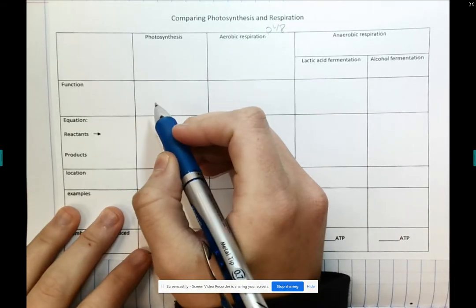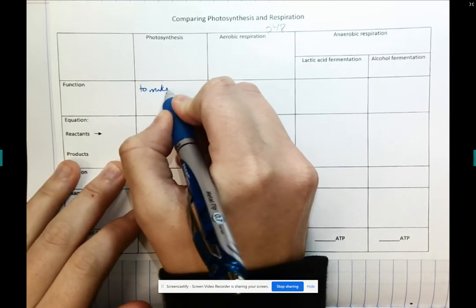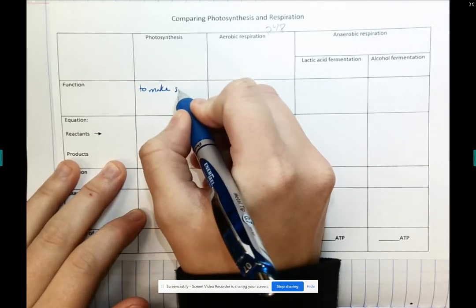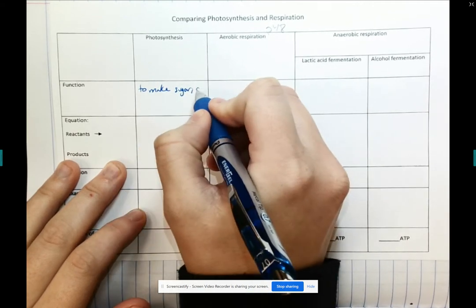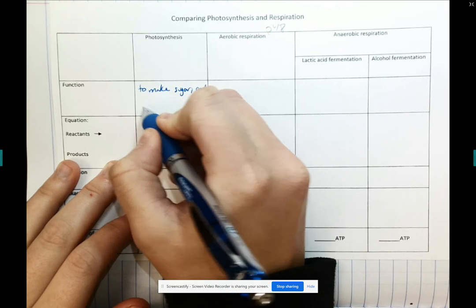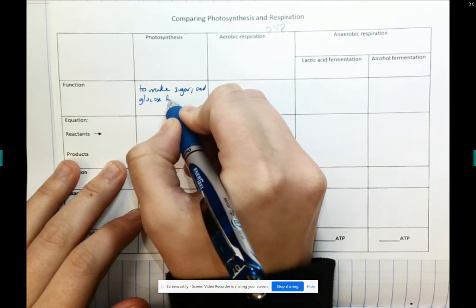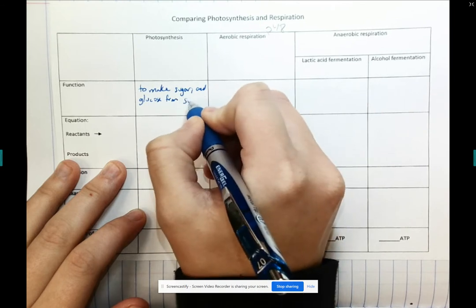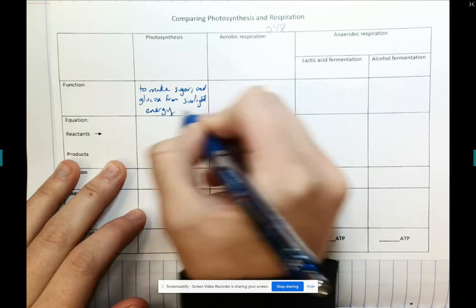So the function of photosynthesis is to make sugar, which is glucose, from sunlight energy.